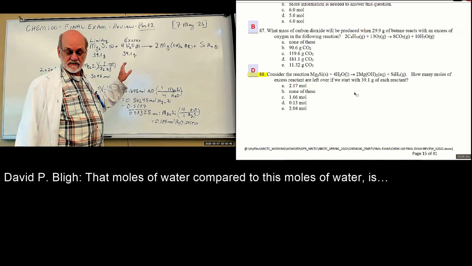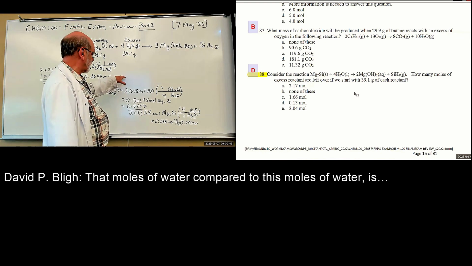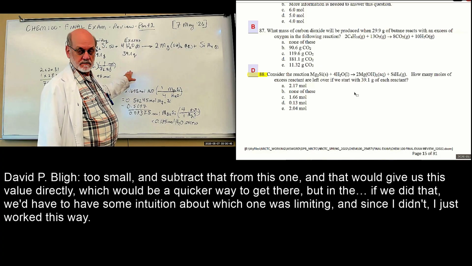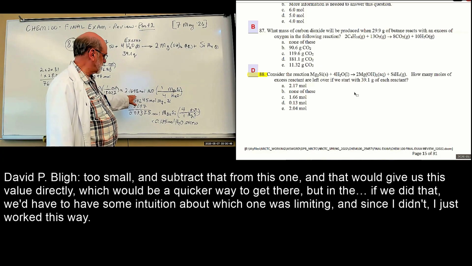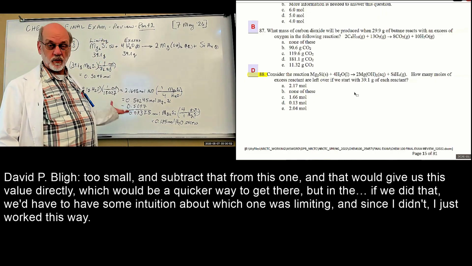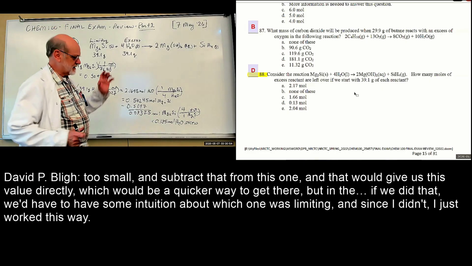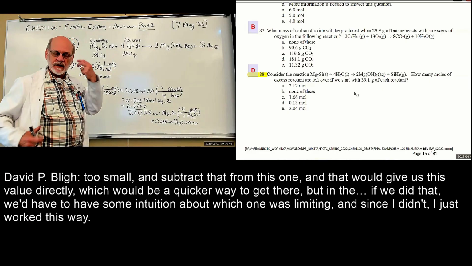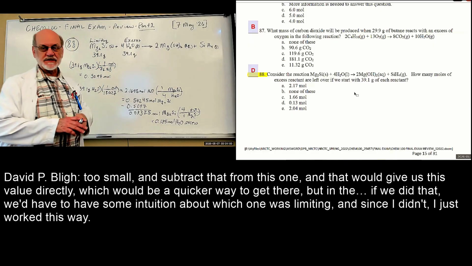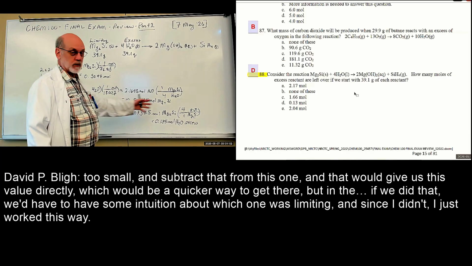We find that that moles of water compared to this moles of water is too small, and subtract that from this one, and that would give us this value directly, which would be a quicker way to get there. But if we did that, we'd have to have some intuition about which one was limiting, and since I didn't, I just worked this way.